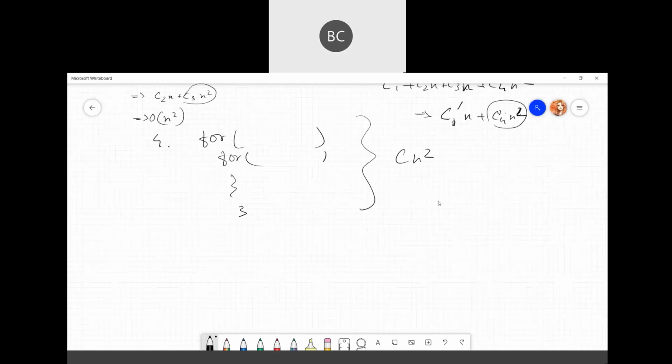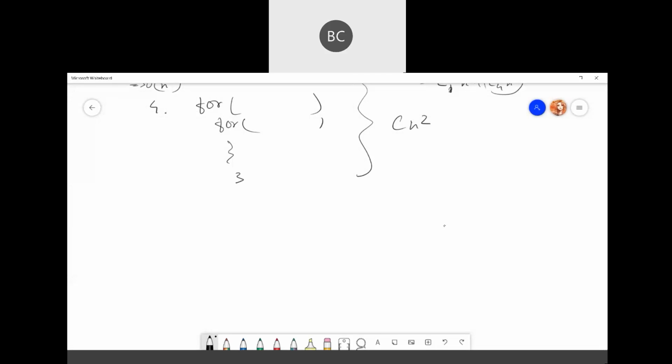In divide and conquer, I say logarithm, like your binary search. In binary search, we get the complexity log n.